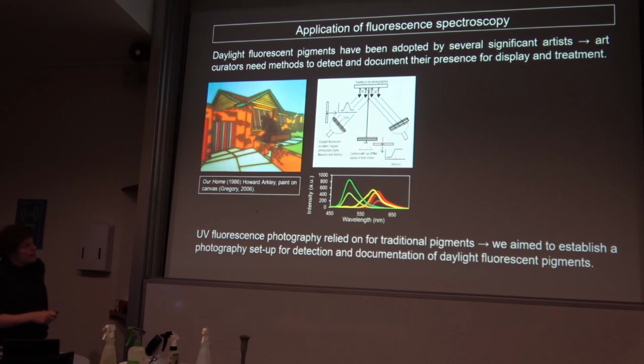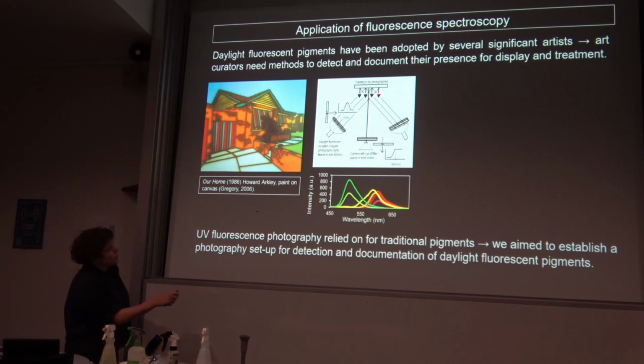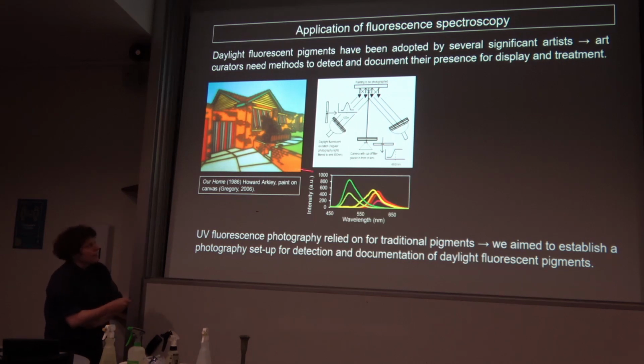So here we have the idea: if you have your painting set up here, if we know what wavelengths the pigments in the painting are excited at, and I've told you that they're visible daylight fluorescent pigments, so they're excited around 450 to 500 nanometers.